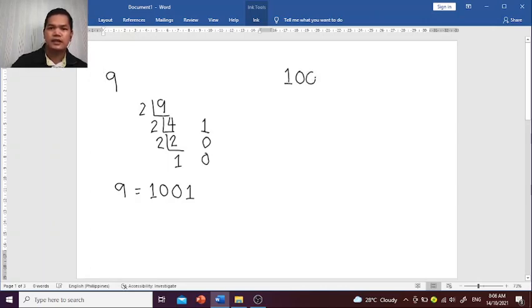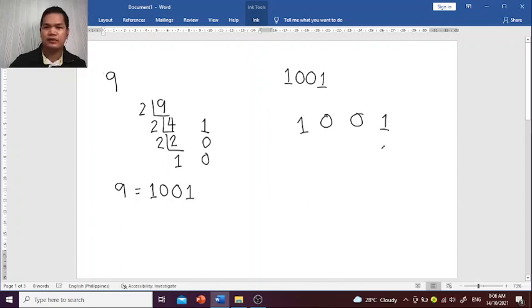On the other hand, let us now convert 1, 0, 0, 1 into decimal. So this 1001 is a binary number. What you're going to do is to have these numbers, 1, 0, 0, 1, as a representation of the powers of 2.